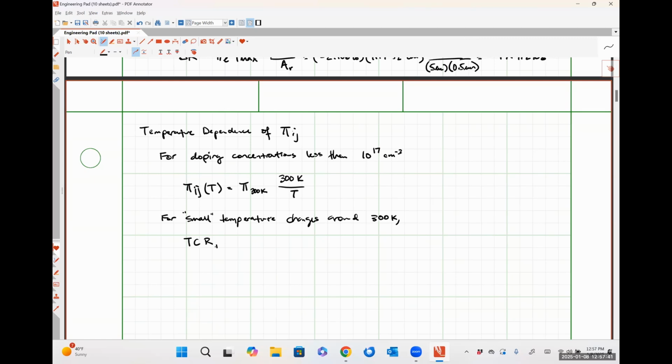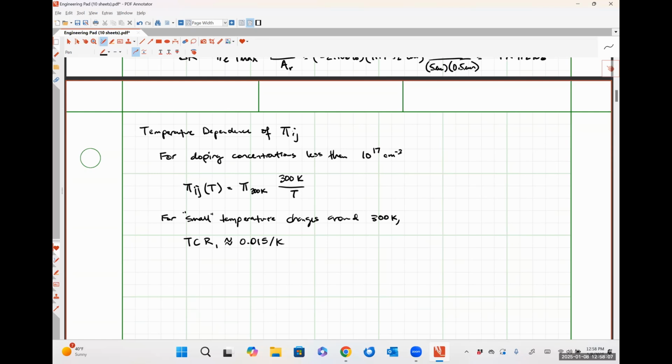And I'm going to use that subscript 1 because we're considering only a first order approximation where we're throwing away all of the higher order terms. And this is going to be approximately 0.015 or about 1.5% change per Kelvin. So let's explore this really quickly.